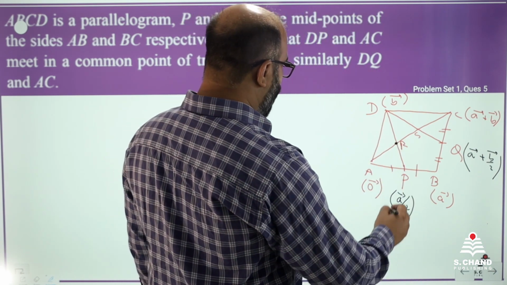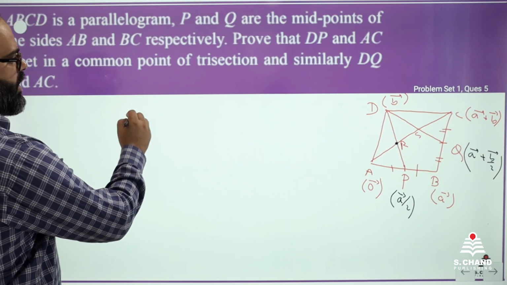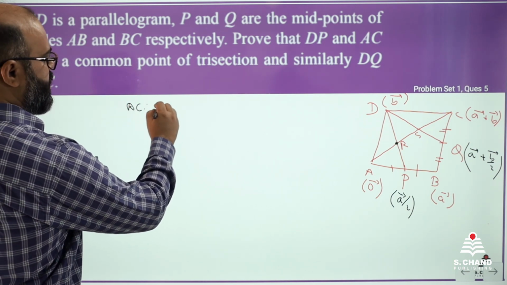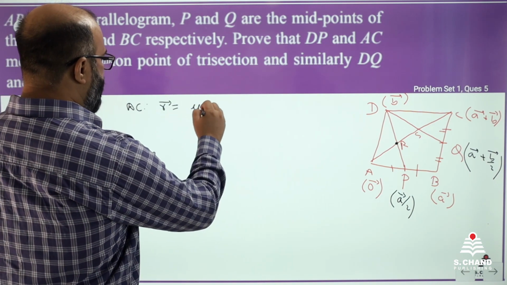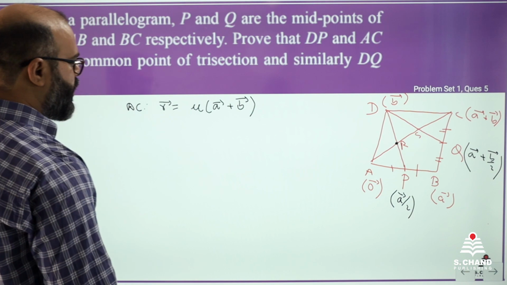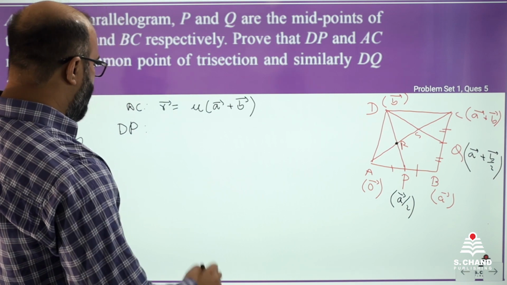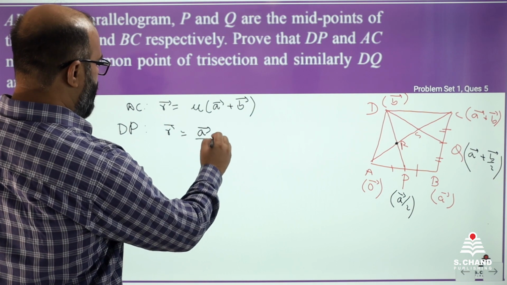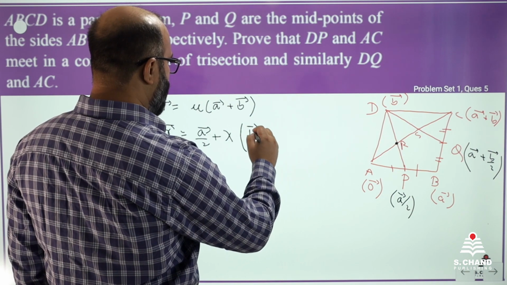If we talk about the vector DP and the vector AC, vector AC is a line and can be written as R equals 0 plus mu times A plus B. Similarly, DP can be written as R equals A by 2 plus lambda times the difference of these coordinates, that is B minus A by 2.